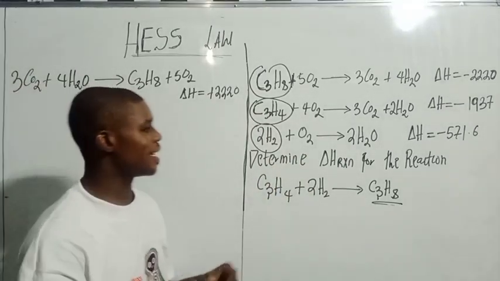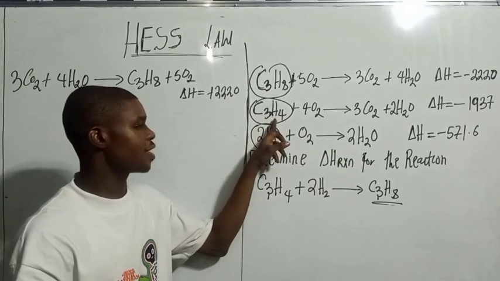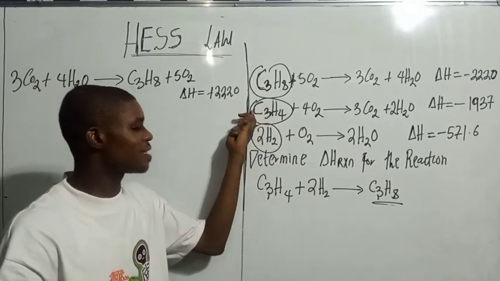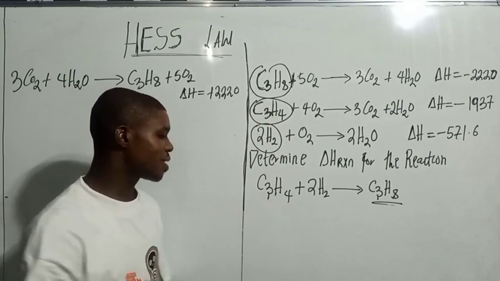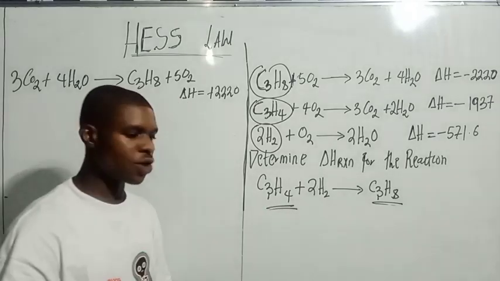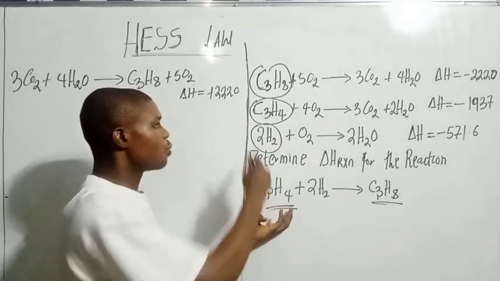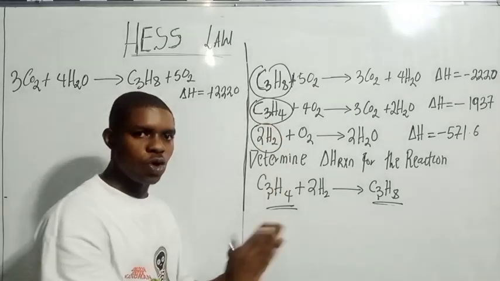Let's look at the second one. In the second one, C3H4 is on the reactant side, which corresponds to the main equation. Since they're on the same side and the same mole, no problem.